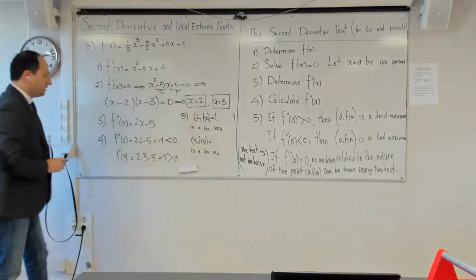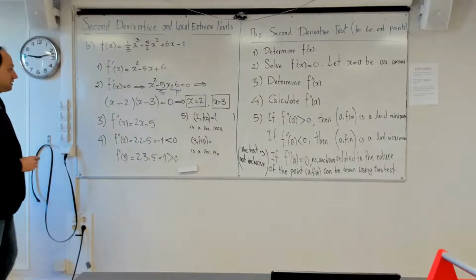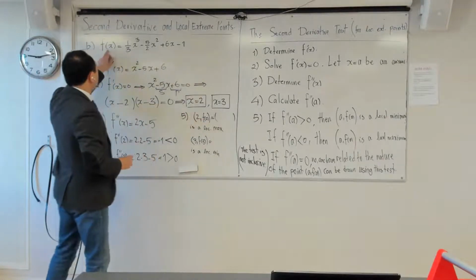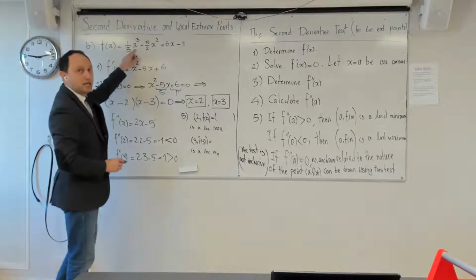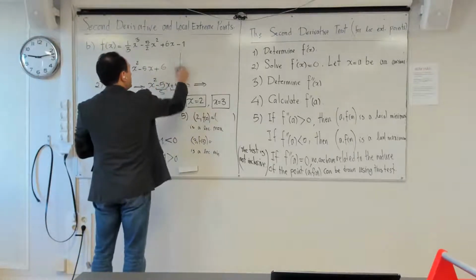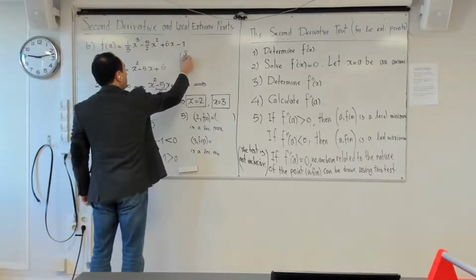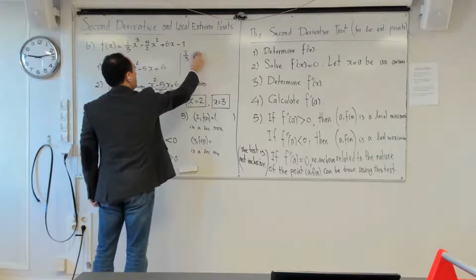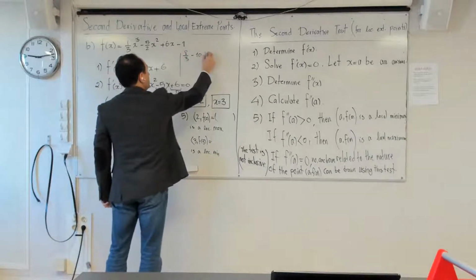Okay, and I think this is actually a boring calculation, so let me just do one of them at least. If I want to calculate f of 2, I have to go to my original function, replace x with 2 everywhere. So let me just write it with blue. So the first one becomes 8 over 3. The next one is 4. It becomes minus 10. Then this becomes 12.